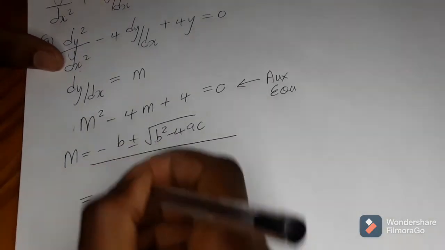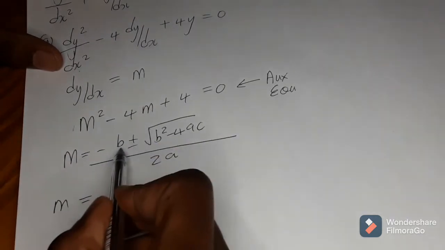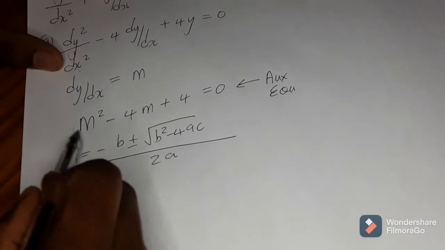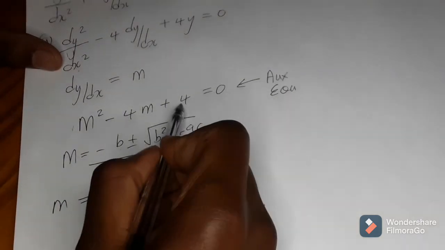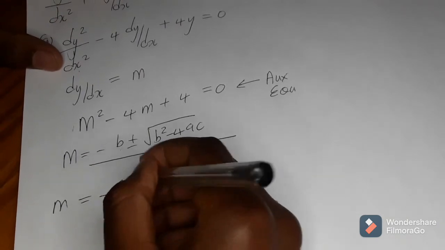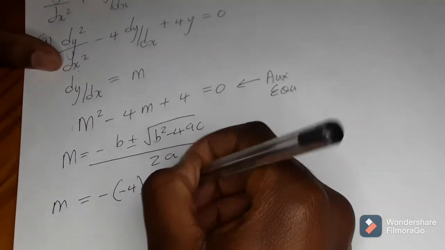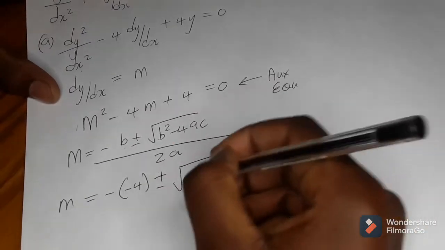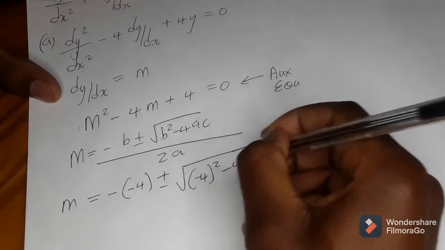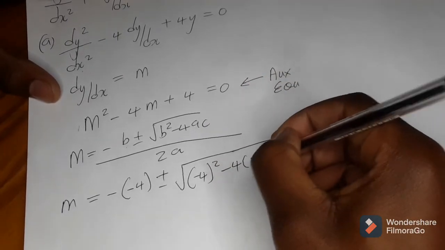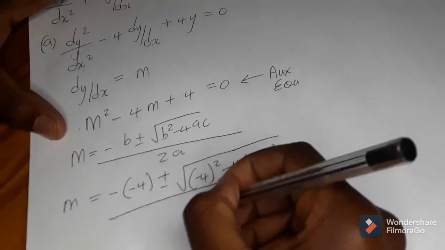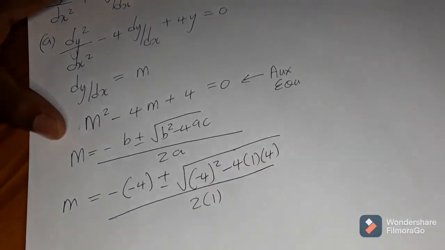So our value of b is minus 4, our value of a is 1, and our value of c is plus 4. So we put minus our b, minus 4, plus or minus root of minus 4 squared, minus 4 times a which is 1, times c which is plus 4, all divided by 2 multiplied by a, which is 1.